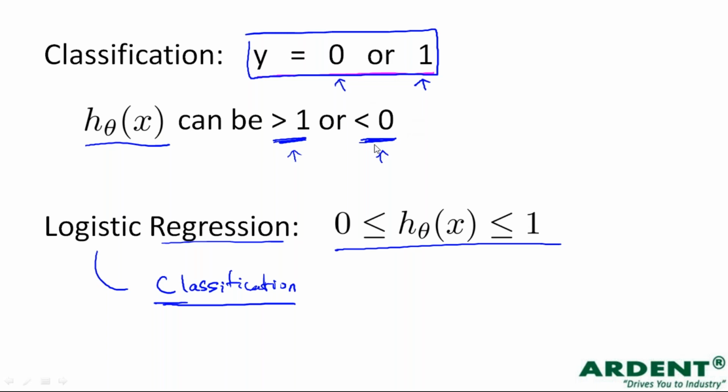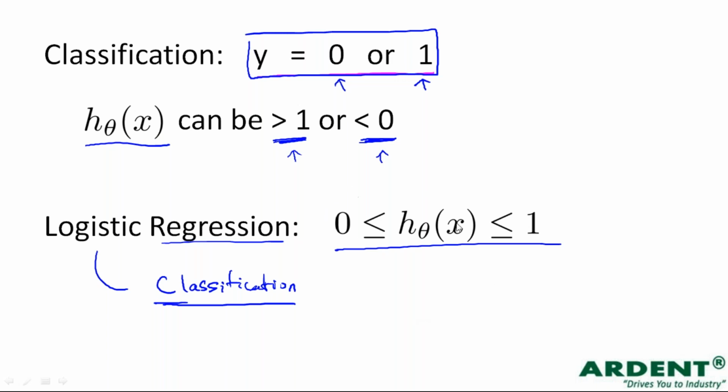Yes. Can it be less than 0? Yes, it can be less than 0. But in case of logistic regression, can the value be less than 0? No. Can it be greater than 1? No. It will always be between 0 and 1 inclusive.